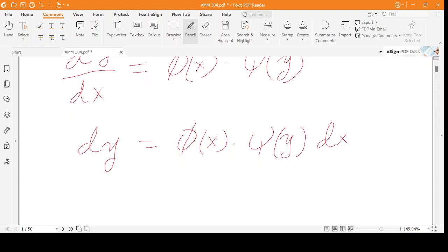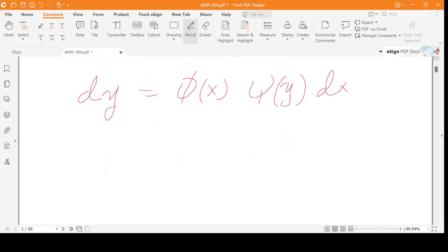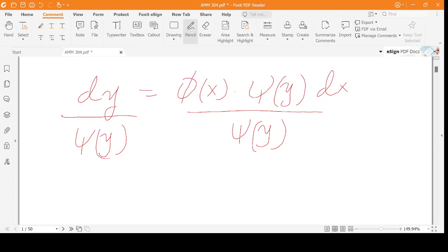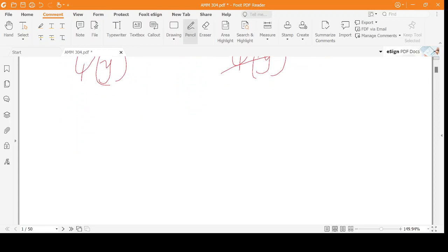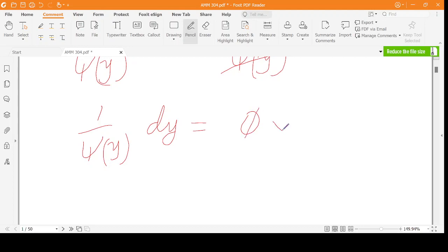And then at this point we divide both sides by psi of y. So psi of y is going to cancel out on the right hand side, and our differential equation will become 1 over psi of y, a function of y alone, dy equals phi of x times dx.